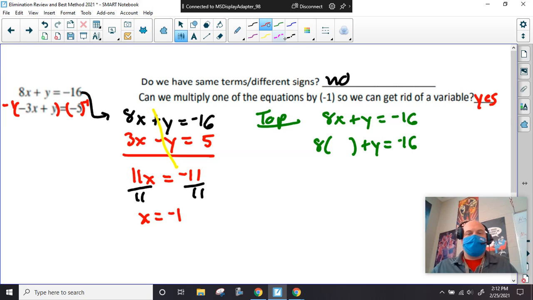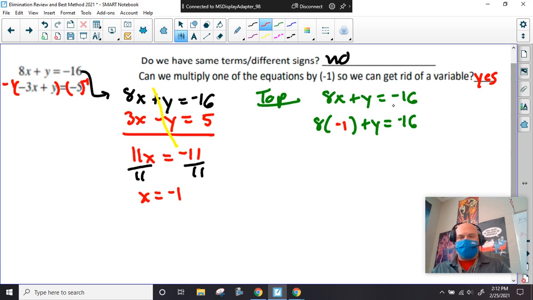All right. So I'm plugging in negative 1. I just took that top equation right there. You don't have to rewrite it if you don't want to. I'm doing it so it's more out there. Now 8 times negative 1 is negative 8, plus y equals negative 16.